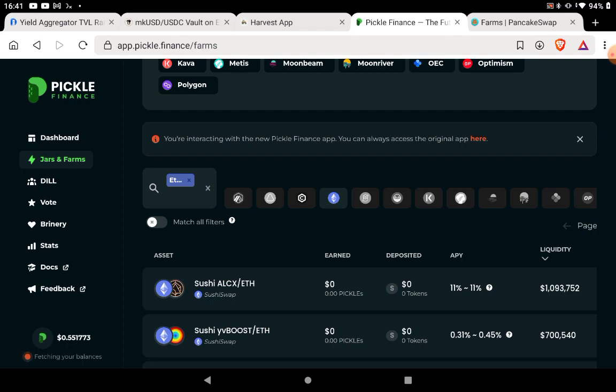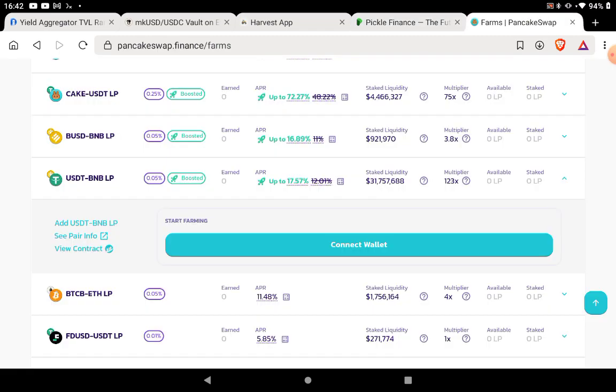But if you want to take full benefit of these protocols, what's going to happen is that you will also have risk when it comes to interacting with them. Why? Well, for example, let's go here on PancakeSwap. If you interact with this pool manually, you go here on PancakeSwap yourself, you connect your wallet, you deposit, and you withdraw.